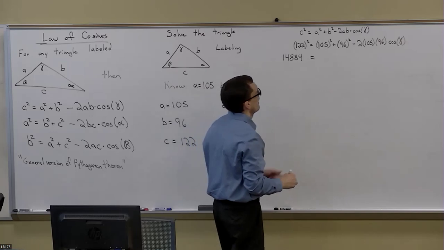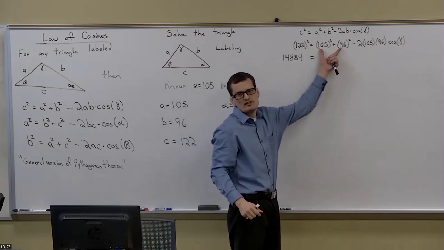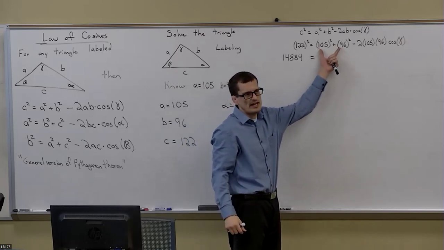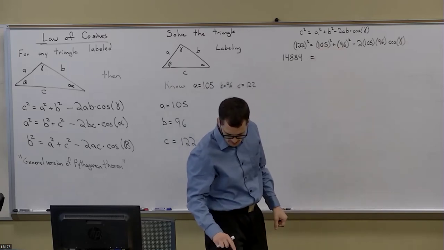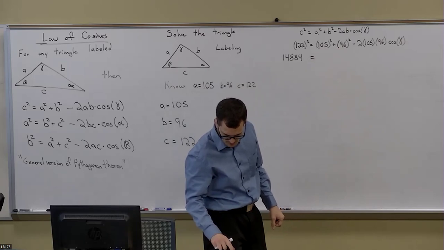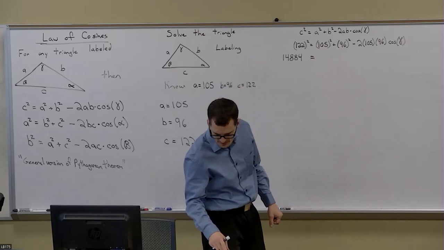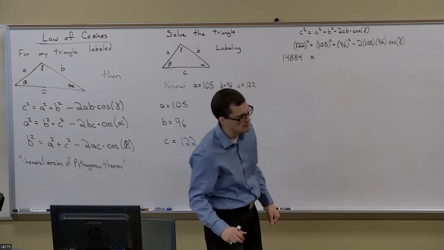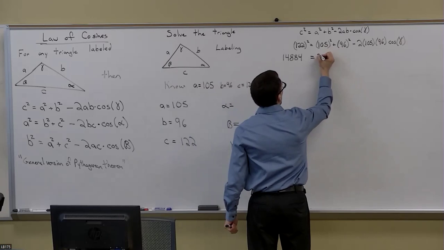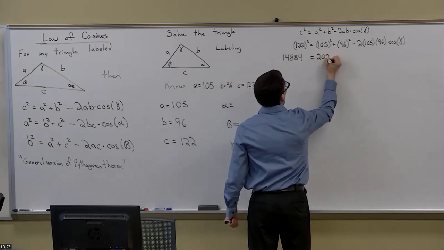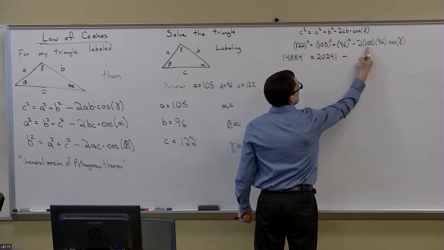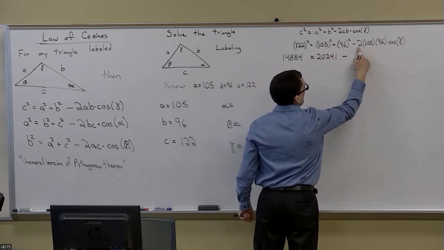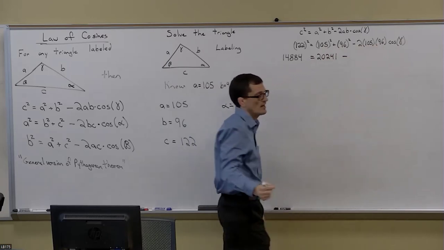Notice how both of these are constants. So I'm just gonna add them up. 105 squared plus 96 squared gives me 20,241. This coefficient of cosine is 2 times 105 times 96.